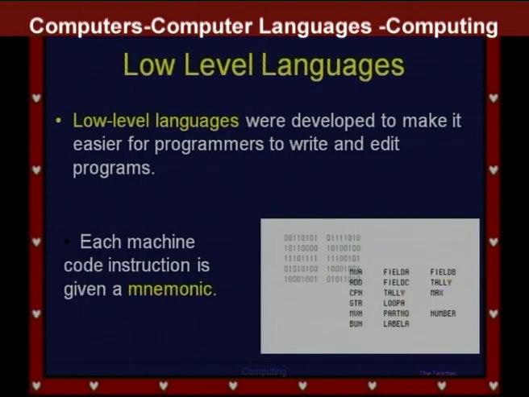So we have something called low level language. Using this low level language, we can write a code, or we can write a program, in our own language, so that the user can easily write a program, because it is easily understood by the user.